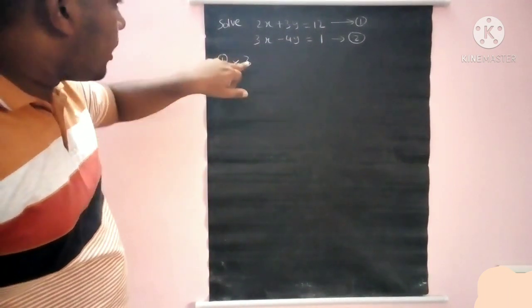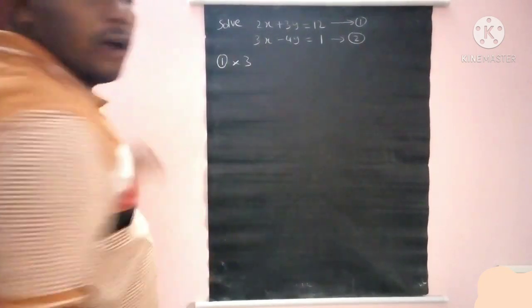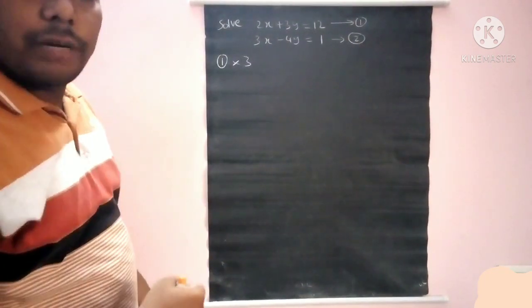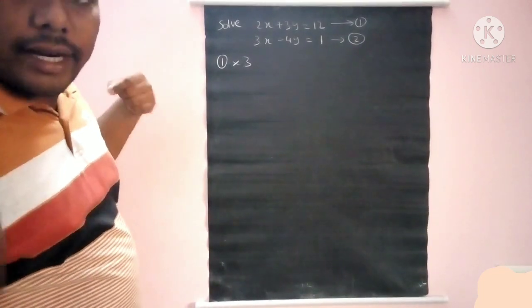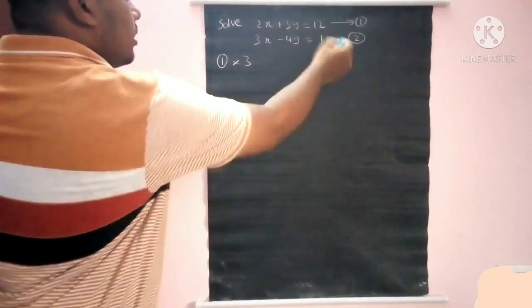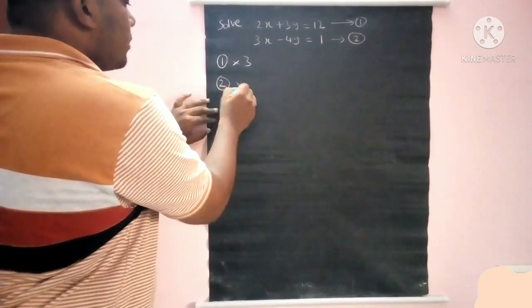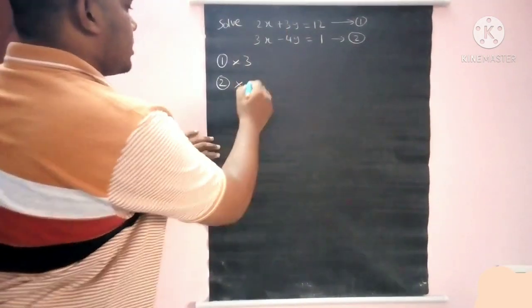Why particularly I am taking x coefficient means I have taken a decision to make the x coefficients equal. And second equation obviously should be multiplied with the x coefficient of the first equation.